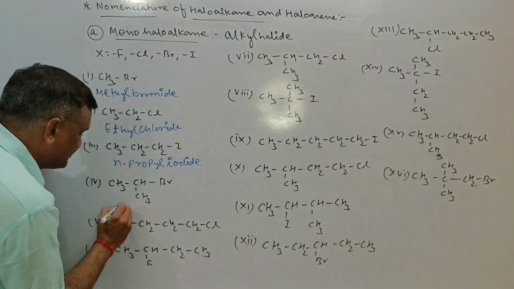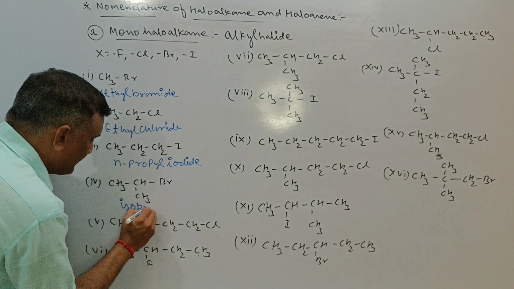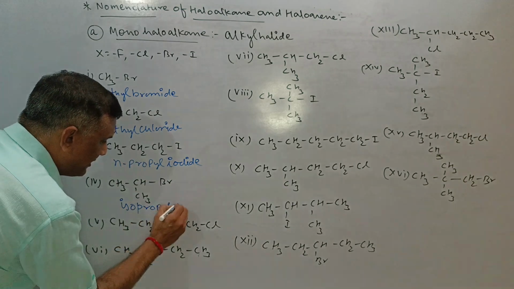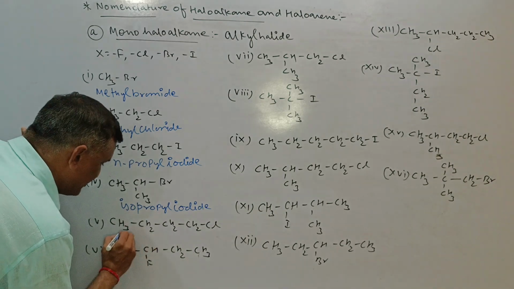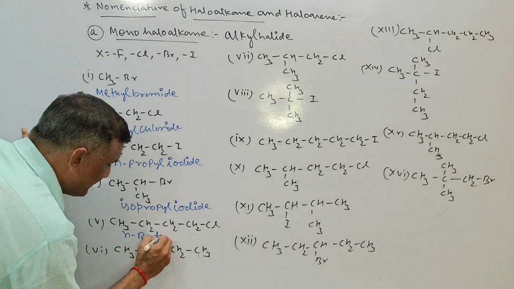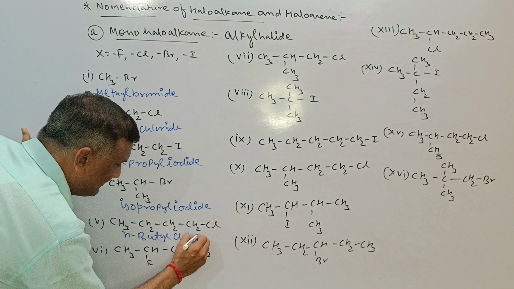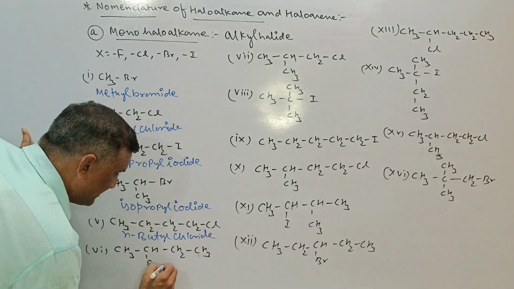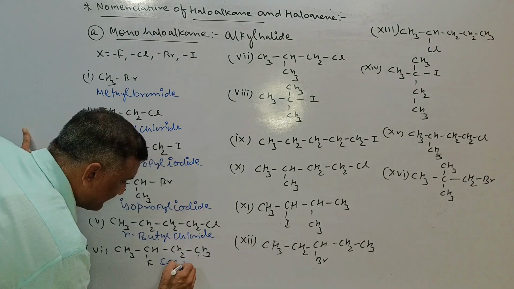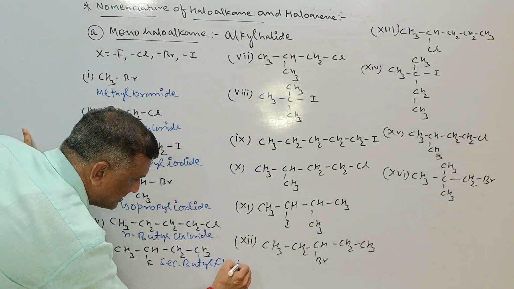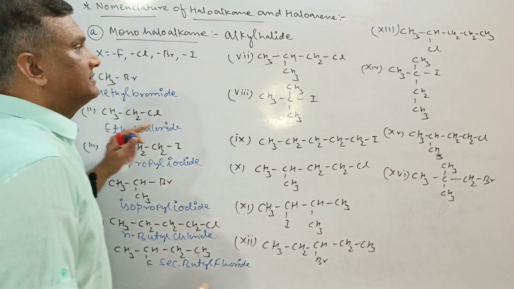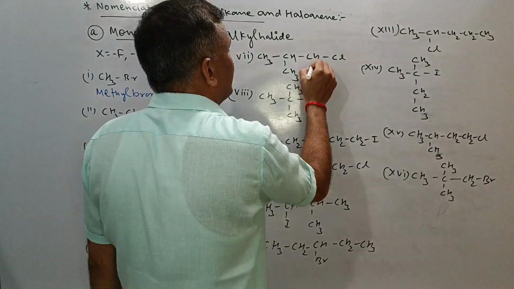This is called isopropyl iodide. This is called n-butyl chloride. This is secondary butyl fluoride, because here is F. This is called isobutyl chloride.